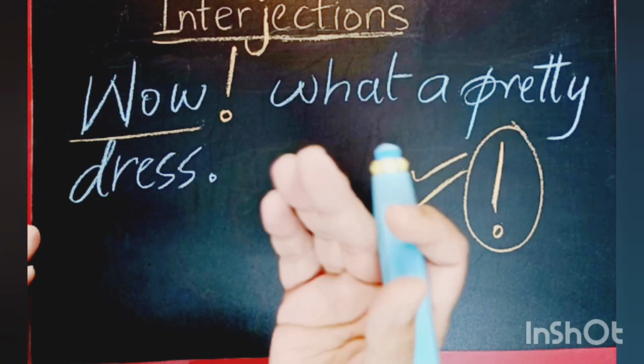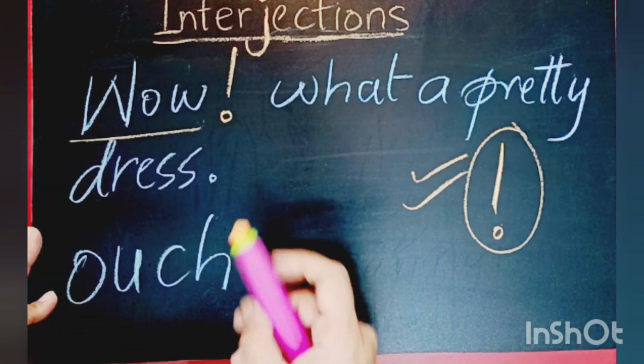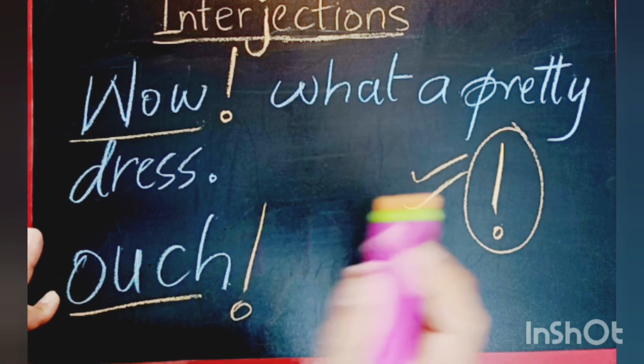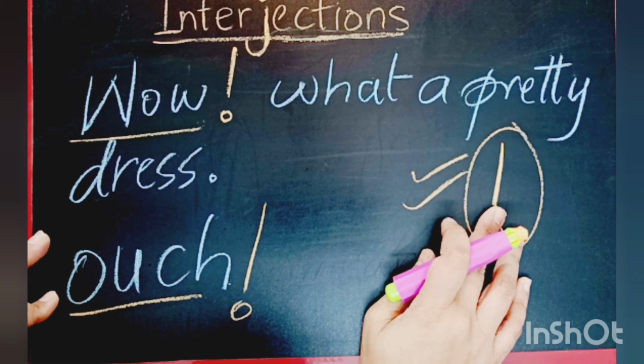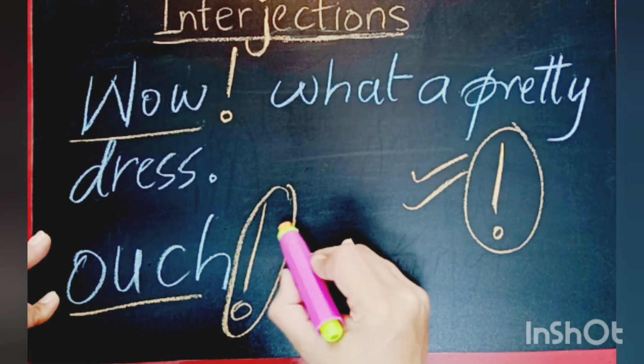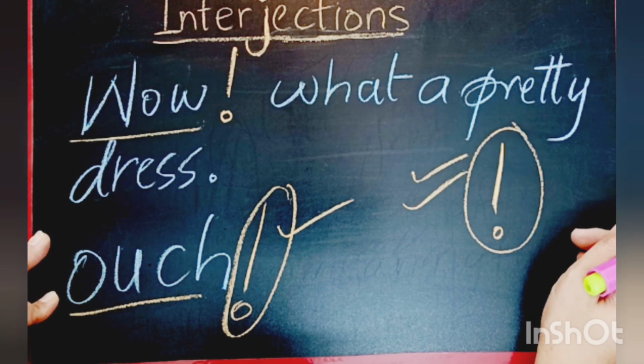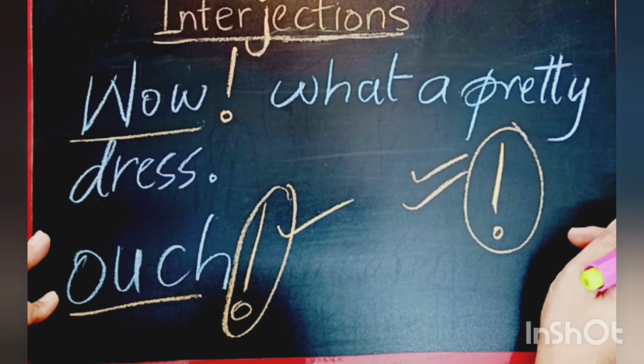We can take one more example, like ouch! Obviously, ouch doesn't have a meaning, it's a meaningless word. The purpose of putting an exclamation mark after the word ouch is that it shows strong feeling when we hit something by accident.